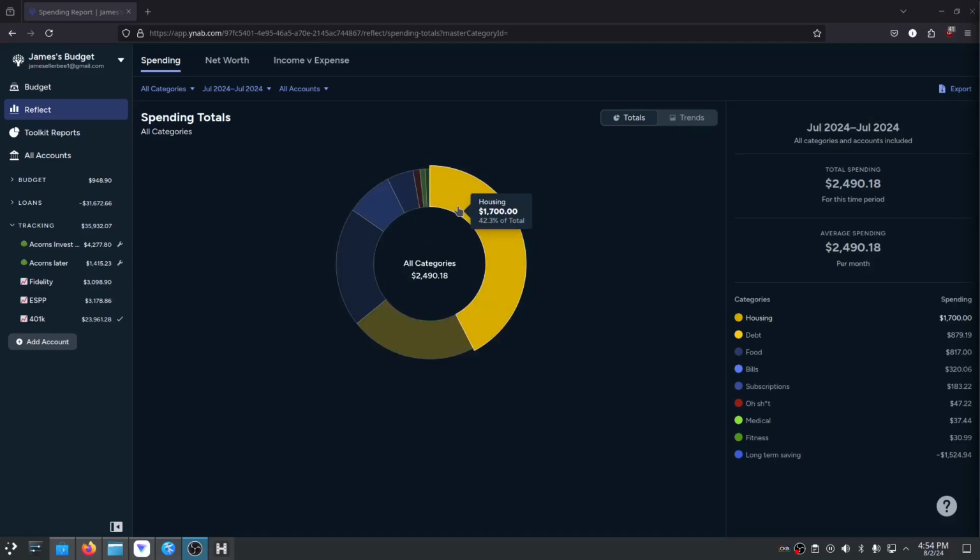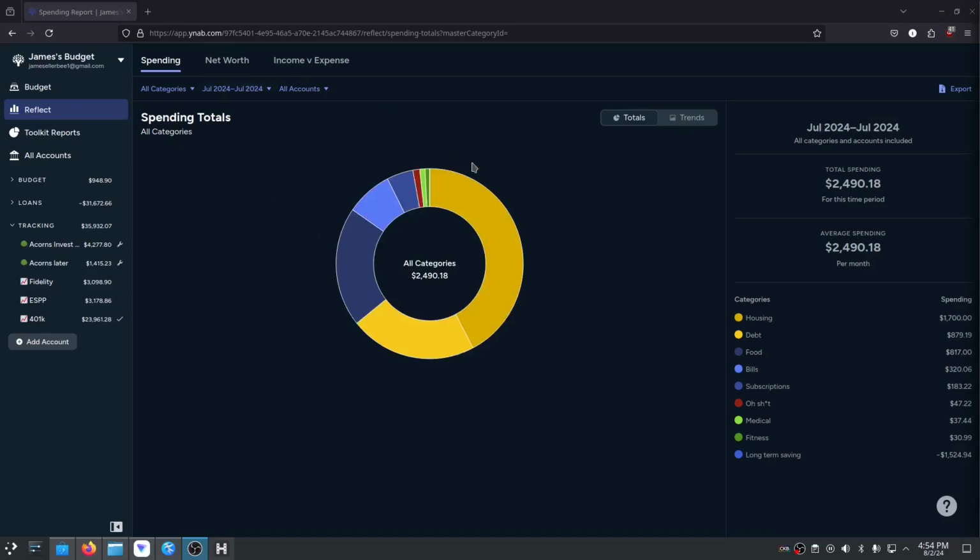Housing is 42.3% of my total when compared to all of the other amounts, and that does not take into consideration my income.